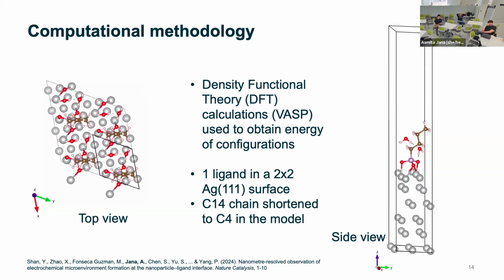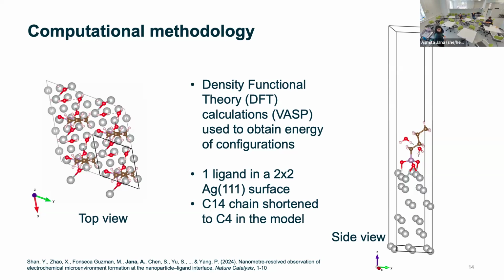So you have the ligand on top, which is actually supposed to be C14, but we have shortened it to C4. For the structure here, don't you see that you will have periodic interactions between the ligands, since they are huge and the surface is really tiny? Yes, that is the point, one of the points that makes it stable. Yes, you do need interactions between the ligands, and I will touch upon it in a bit.